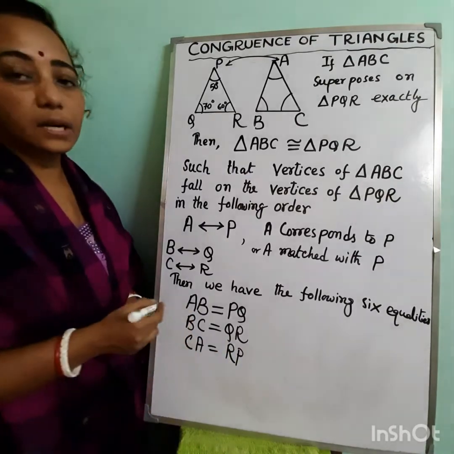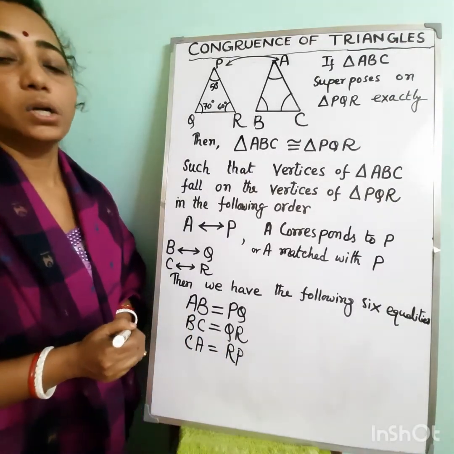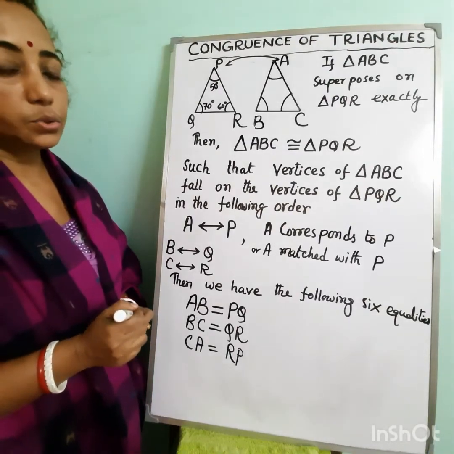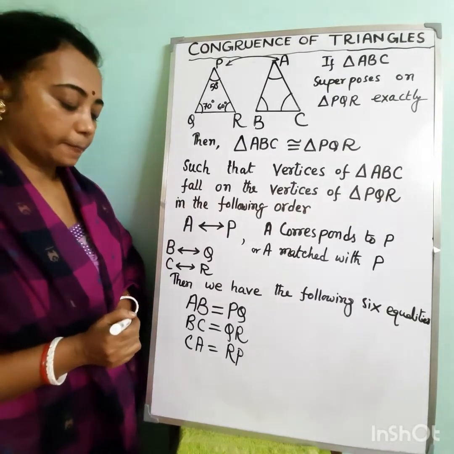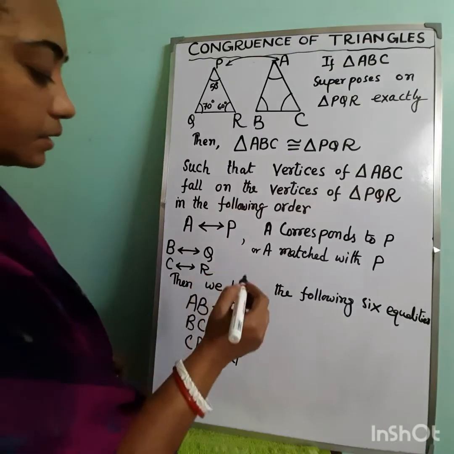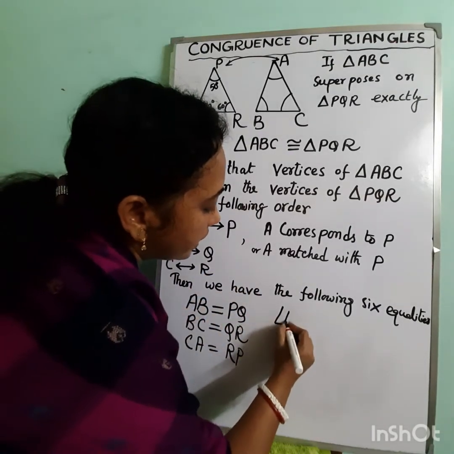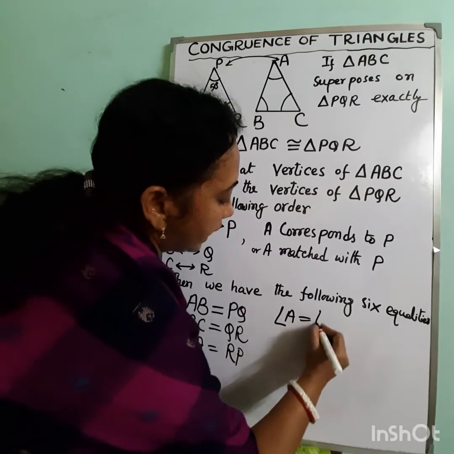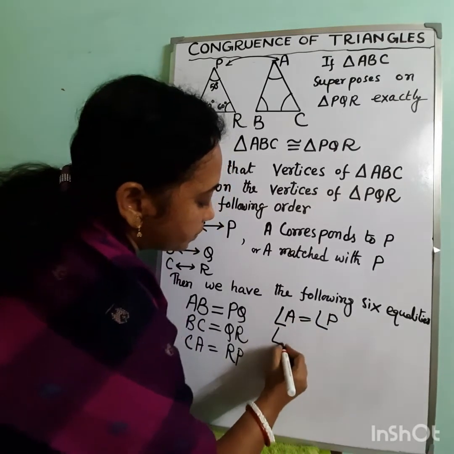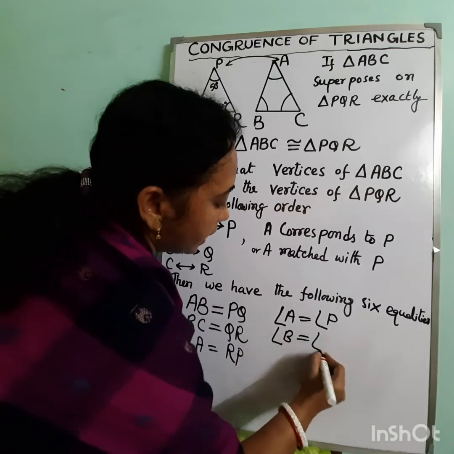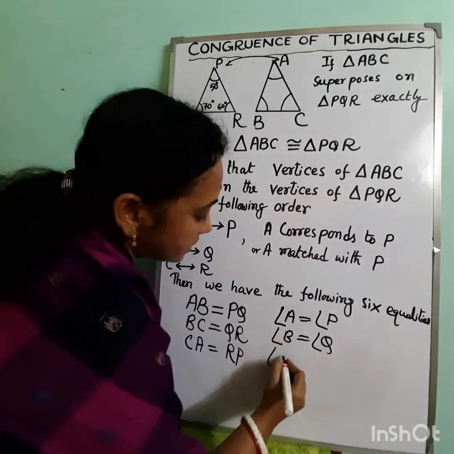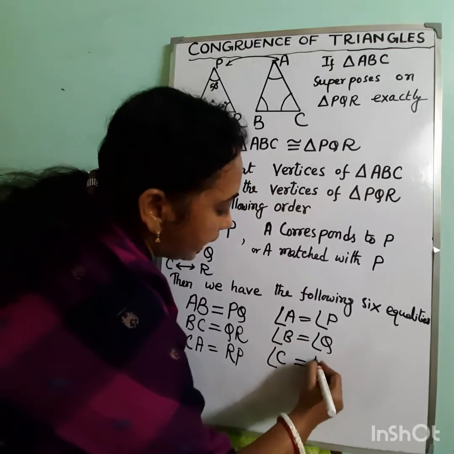So this means the corresponding sides of the two congruent triangles are equal. On the other hand, their corresponding angles are also equal. So we can write angle A is equal to angle P, angle B is equal to angle Q and angle C is equal to angle R.